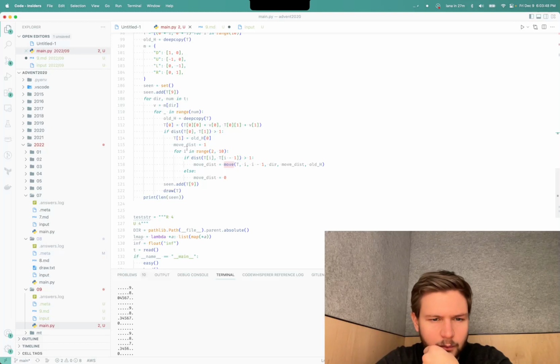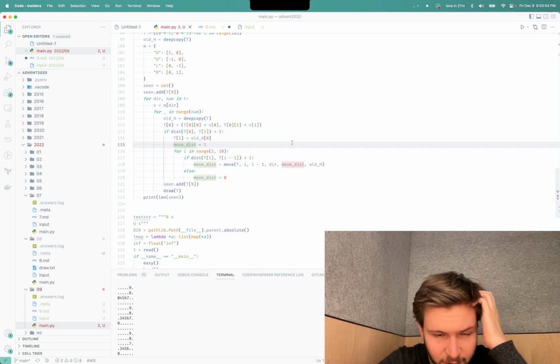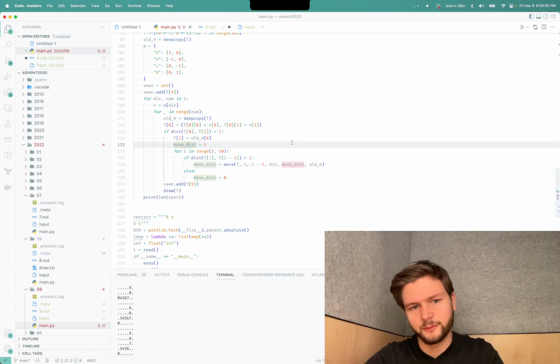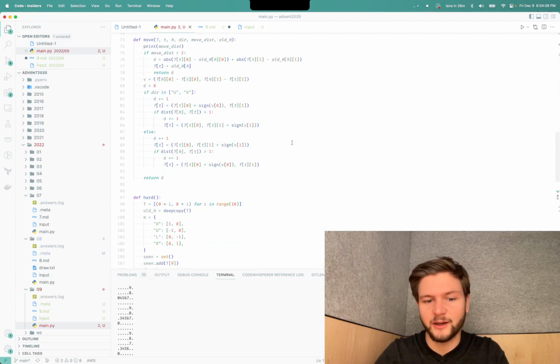It can only ever move... Well, that's not true. The first tail piece can definitely move more than one. So this one is incorrect.